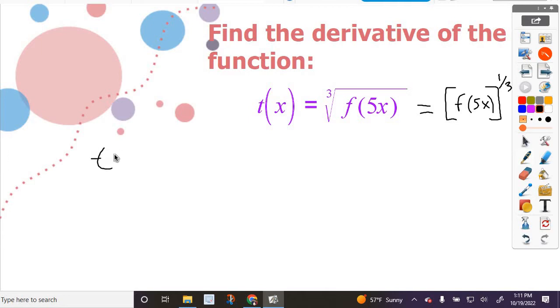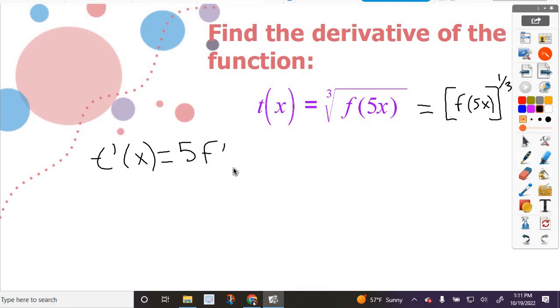So now, when I take my derivative of t, I need to take the derivative of my innermost part. So what is the derivative of our peanut? 5. So that's what we're going to put first. Okay. Then, what's our next layer? f. What is the derivative of f? Just f prime.